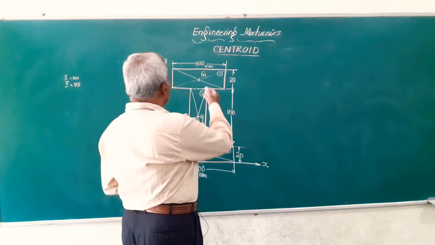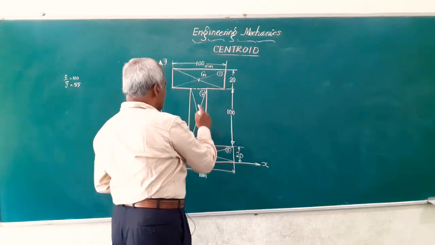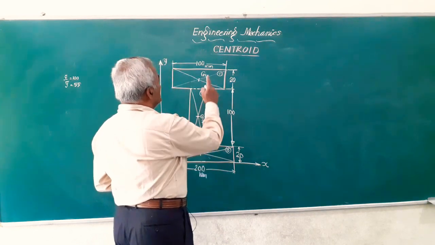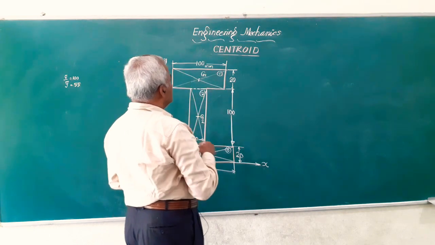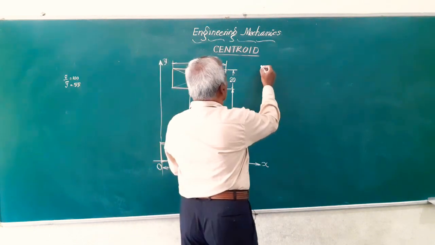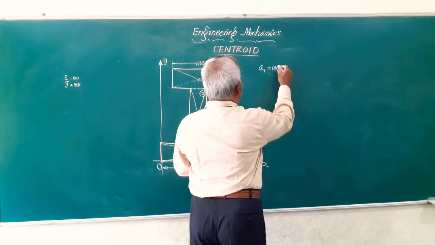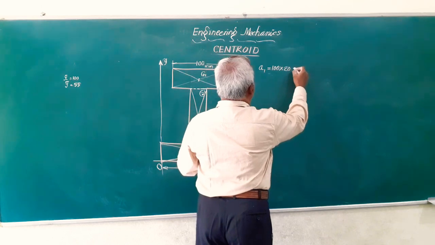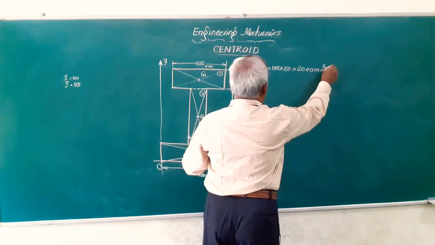Friends, let us take up these figures one by one and find their areas to start with. I will start with the first rectangle, which has dimensions 100 by 20. So area of the first figure, A1, is 100 into 20, that is 2000 square millimeter.